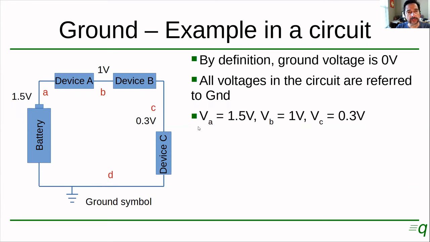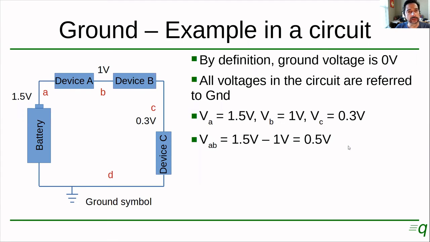So have a look at this. We refer to this one as VA and not VAB or anything like that, because we understand that this is a voltage on point A, but referred to ground. So this is 1.5 volts referred to ground. VB is 1 volt referred to ground, and VC is 0.3 volts referred to ground.